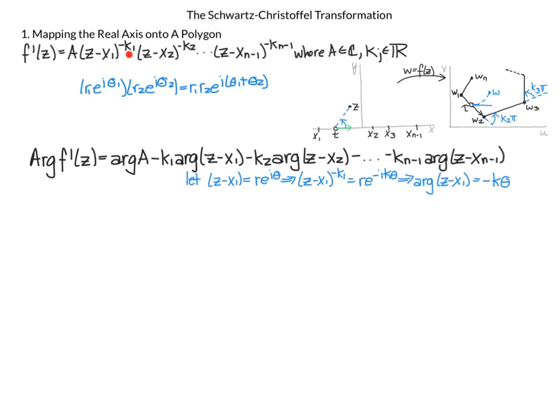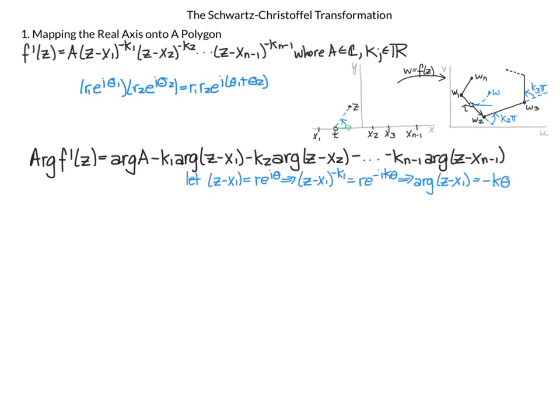The minus k1 becomes a constant multiplier times the argument of z minus x1. Here we take the argument of this next factor. The minus k2 becomes a multiplier arg of z minus x2 all the way up to minus kn minus 1 argument of z minus xn minus 1. And I just have notes here on how I converted from here to the argument here.